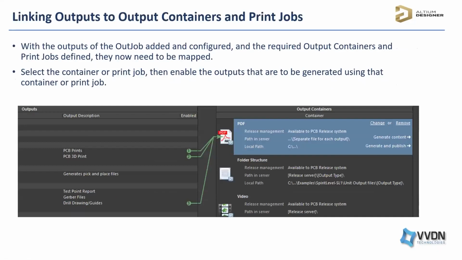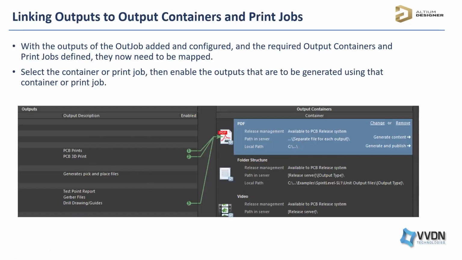Then, linking outputs to output containers and print jobs. Within output job files, first we have to create outputs like PCB print, 3D print, or Gerber files. Those we can add and map through our output containers.